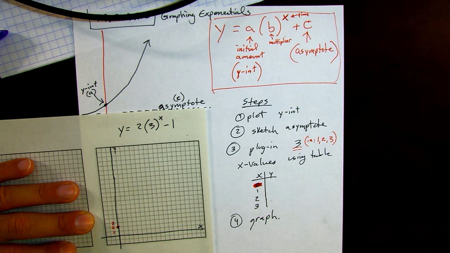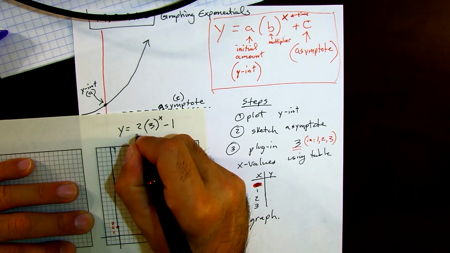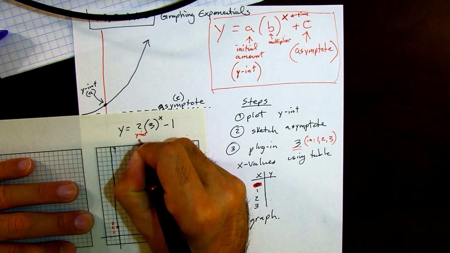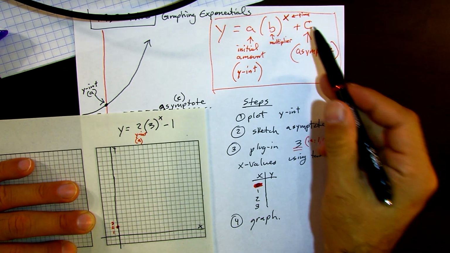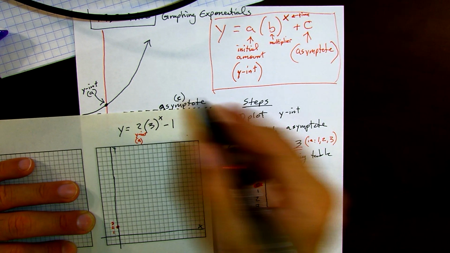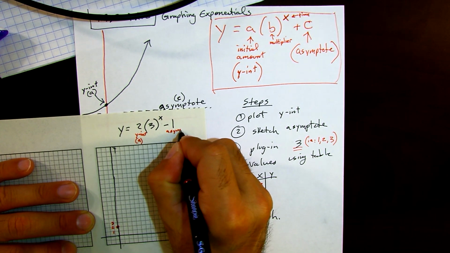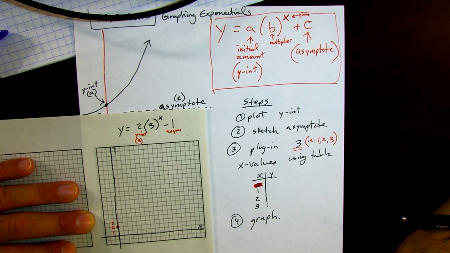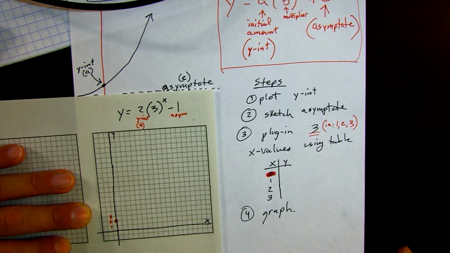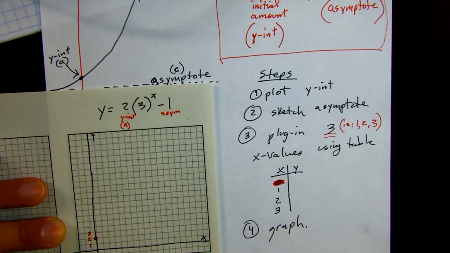Now, the next step is to sketch the asymptote. Where do I find the asymptote? I know this is my y-intercept, my A value. Now, the asymptote is our C value. Let's look at that. This is our asymptote. You can just write it like that, asym, A-S-Y-M. All right, so the asymptote is at -1.